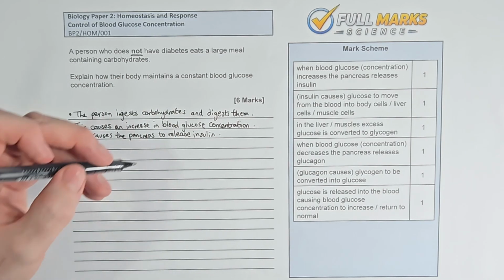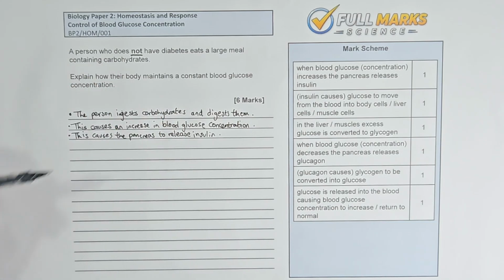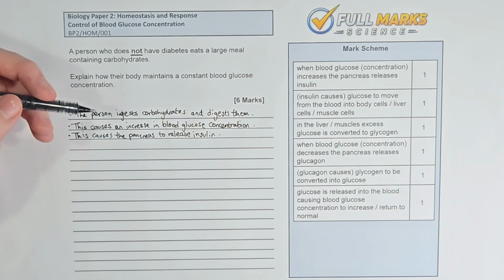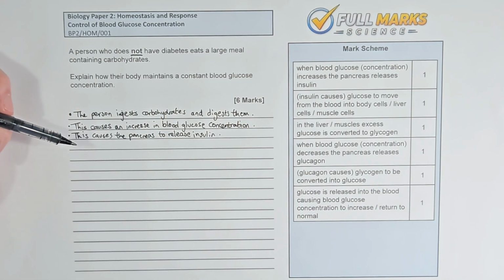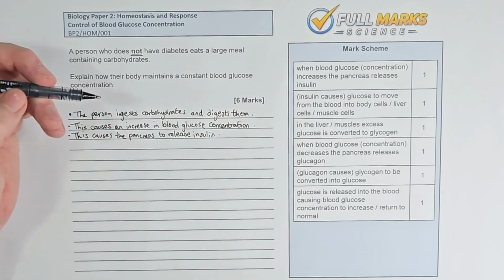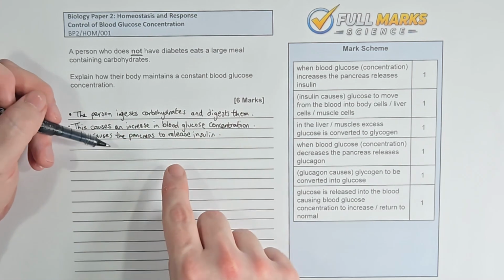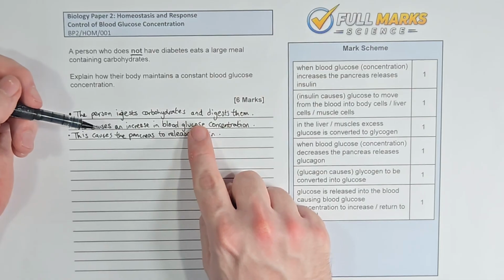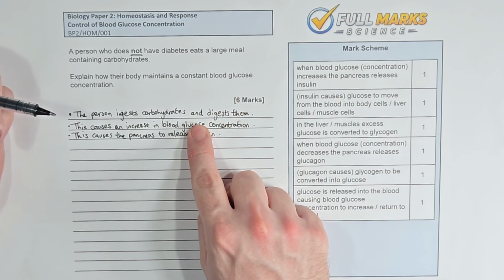So now we are moving on to what does this cause? And this is why I was saying to start at the beginning. Every time I'm writing a sentence, my next question is, so what does that mean? What does that do? What is the reason, or what does that cause? So just to use these first 3 points here. The person's ingested carbohydrates and digested them. What's that going to do?